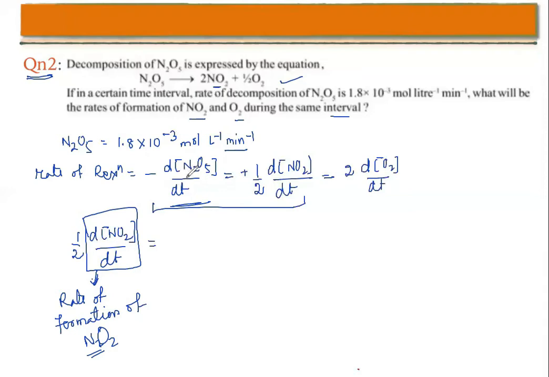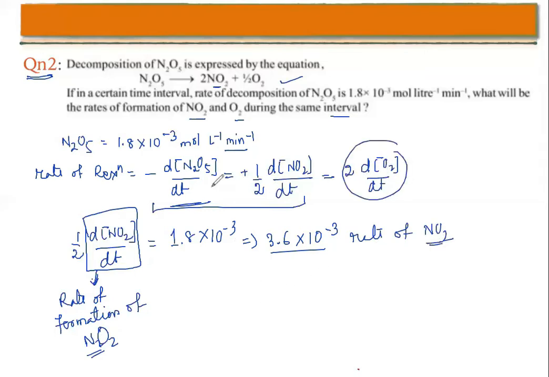So the value of this is already given as 1.8 into 10 to the power minus 3. So if we solve this, we'll get the value 3.6 into 10 to the power minus 3. So this is the rate of NO2. Again, similarly, if we take the value of this and this value, we'll get twice the concentration of O2 divided by time is equal to, don't take this as a negative value, always take positive value, so this value is equal to 1.8 into 10 to the power minus 3.